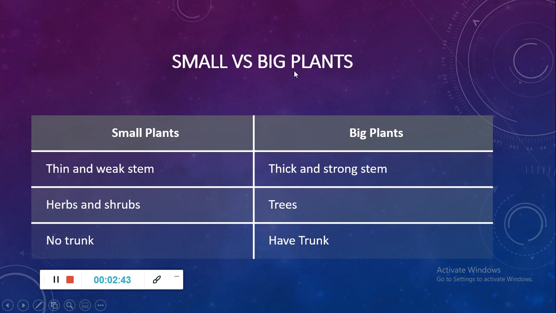Here are the differences between small and big plants. Small plants have a thin and weak stem, while big plants have a thick and strong stem.